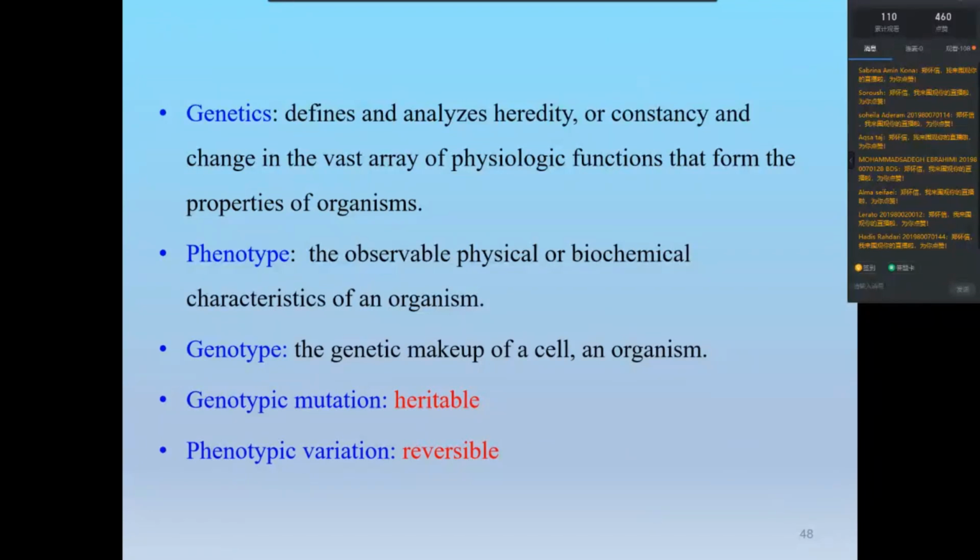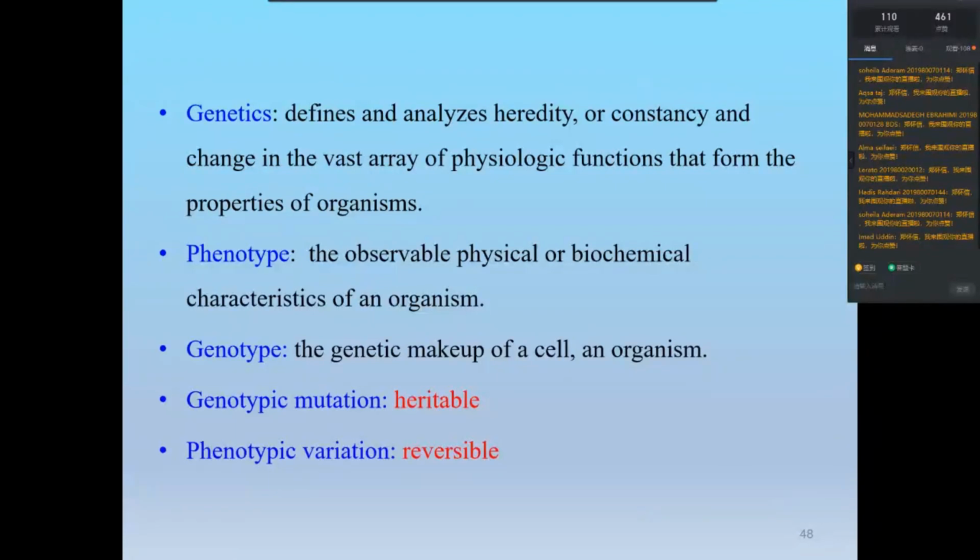So whether it is heredity, constancy or change, we are talking about the variation at the DNA level, or genetic material level.